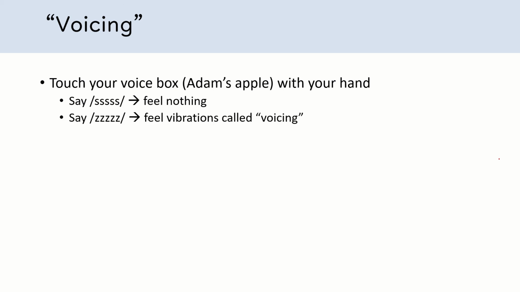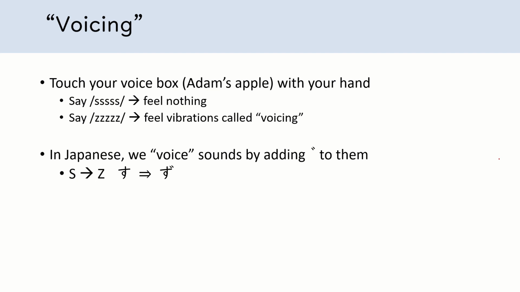Now, if you say "z" on the other hand, you can probably feel vibrations. Those vibrations are called voicing. That buzzing is voicing, and that voicing is what we represent with our diacritic.